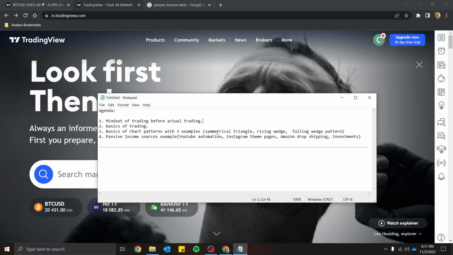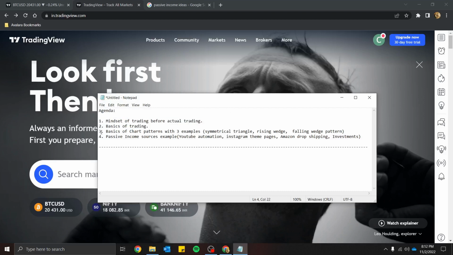Is it that you want to get rid of your normal 9 to 5 job, or spend more time with your family? That should be the real reason or motive to get into trading, not the profits. Profit is absolutely the byproduct, but it should not be your main goal. That was all about the mindset of trading before actual trading.